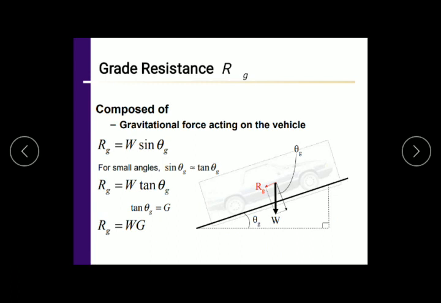Then the most important resistance is grading resistance. When a vehicle is moving on a road surface which is inclined to the datum surface at an angle theta g, the angle from the ground surface, the vehicle body has some weight W, which acts vertically downward.